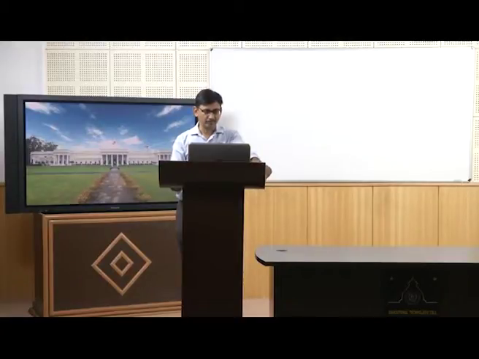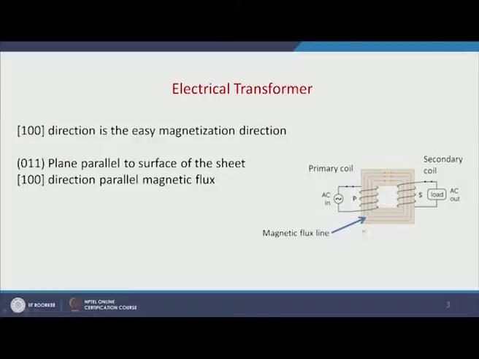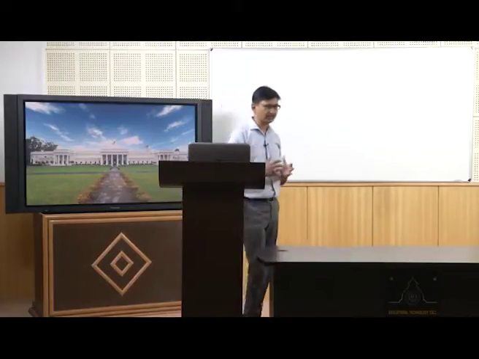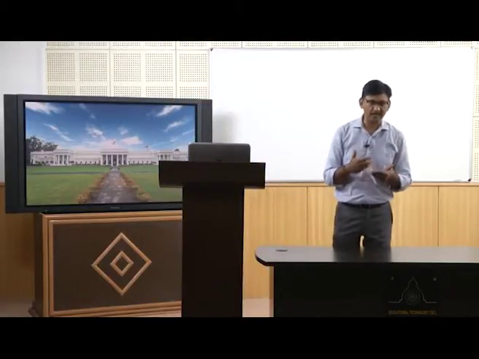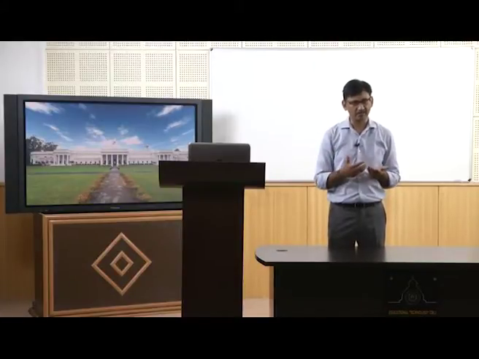So, we know that the 100 direction is the easy magnetization direction, so I want to have the grains in this material such that the 100 direction lies in the direction of the flow of this magnetic flux line, so that my losses can be minimized, and of course heating of the transformer can also be minimized. So you can understand that I have to understand these planes and directions.